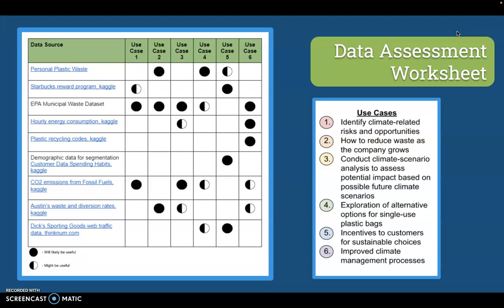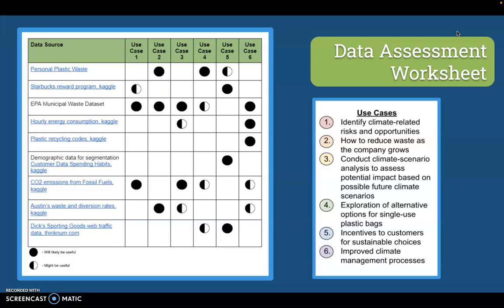Use case 3, again, the EPA data, it seems, would be very useful in that situation. And then something that is also very useful, like in use case 1, would be the CO2 emissions from fossil fuels. And then 2 that might be useful, but we don't really know, would be the hourly energy consumption and, again, the Austin's waste and diversion rates.